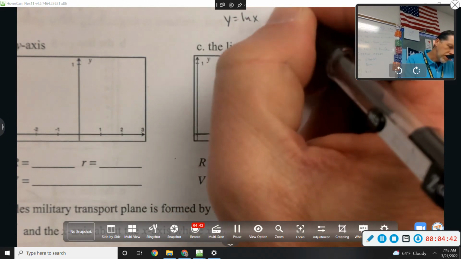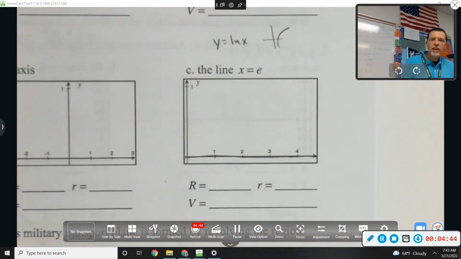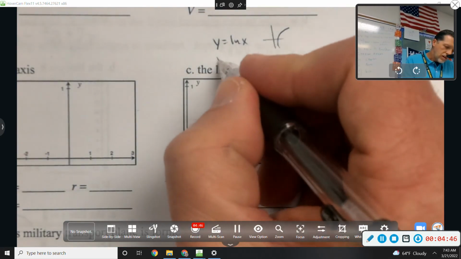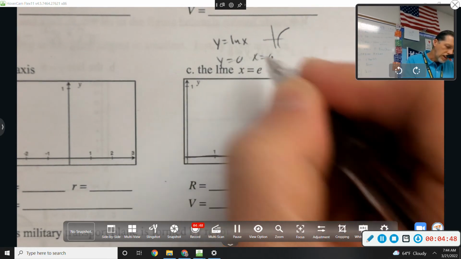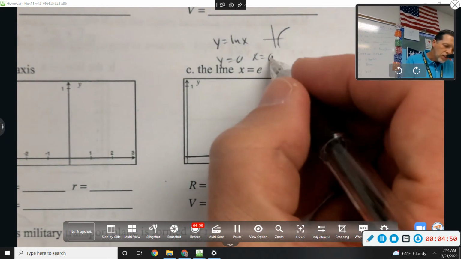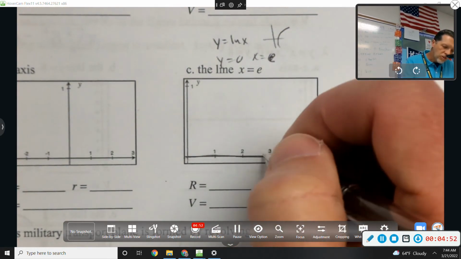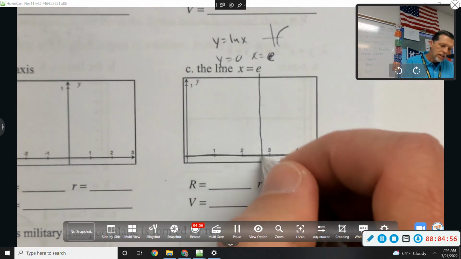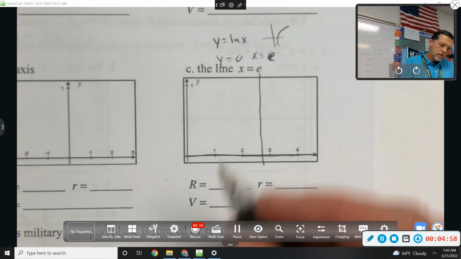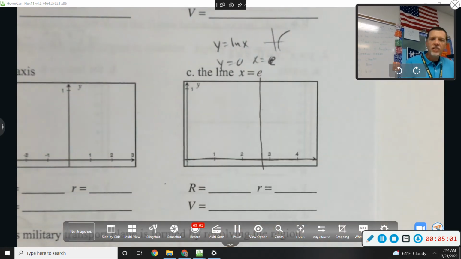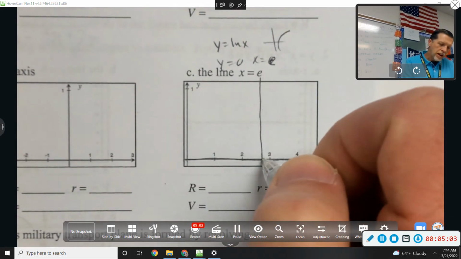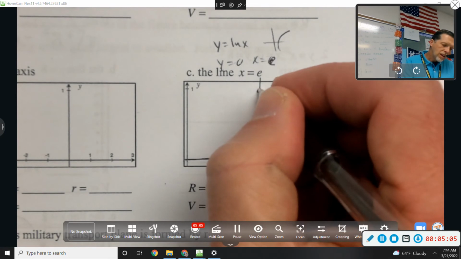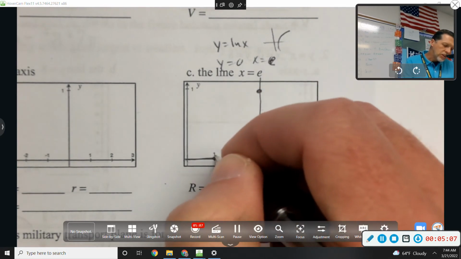Y equals natural log of x, which looks something like that. Y equals 0, x equals e. E is 2.7-ish, so something like that. Let's see, the natural log graph. Well, the natural log of e is 1, and the natural log of 1 is 0.